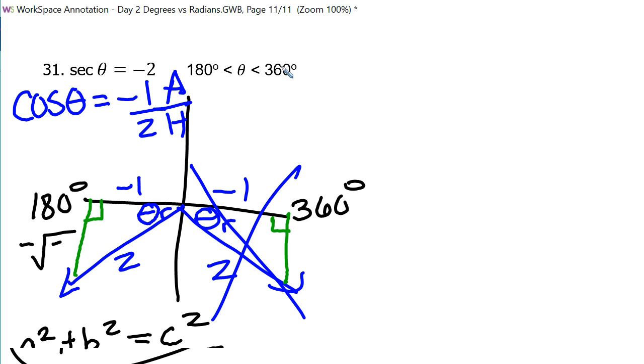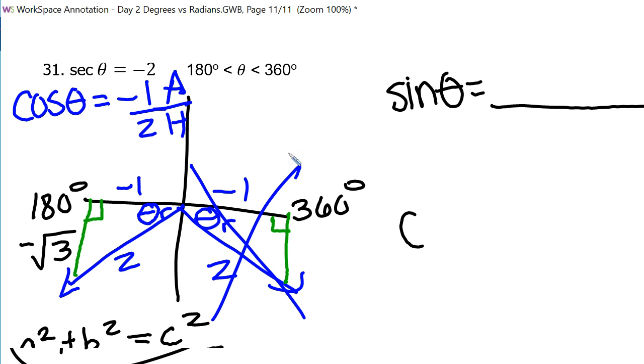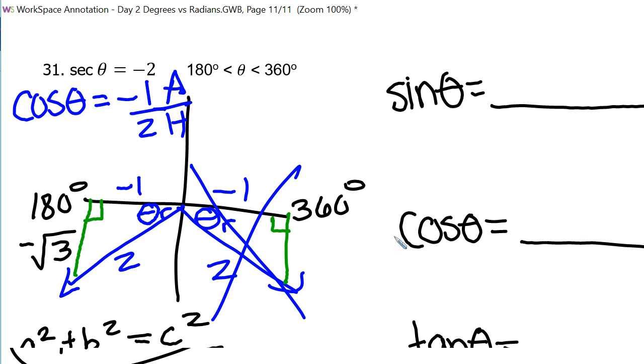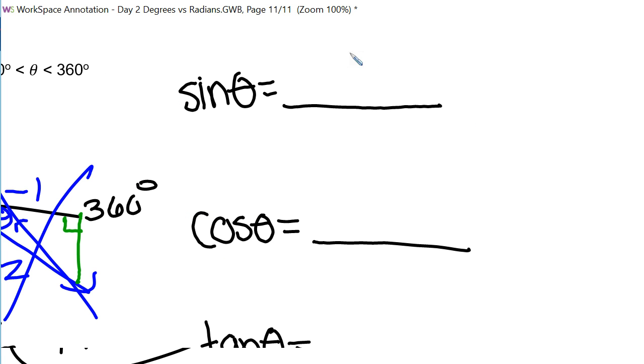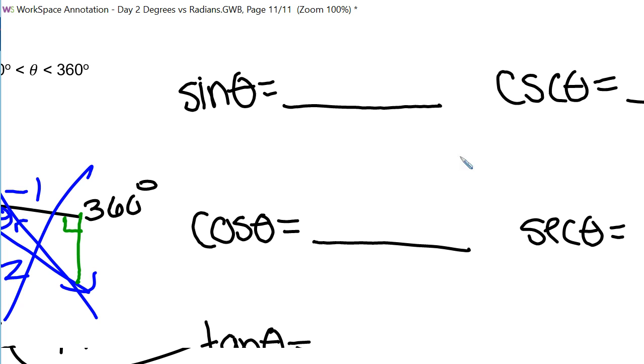Now we can find our 6 trig values, so we need to find the sine of theta, cosine of theta, tangent of theta, and the reciprocals. So secant, cosecant, and cotangent.